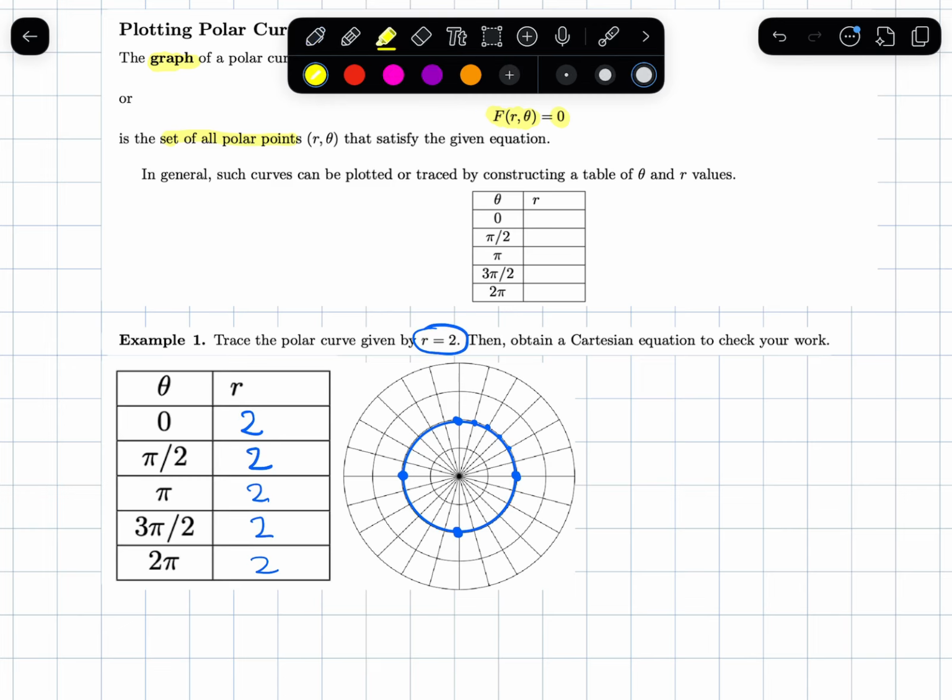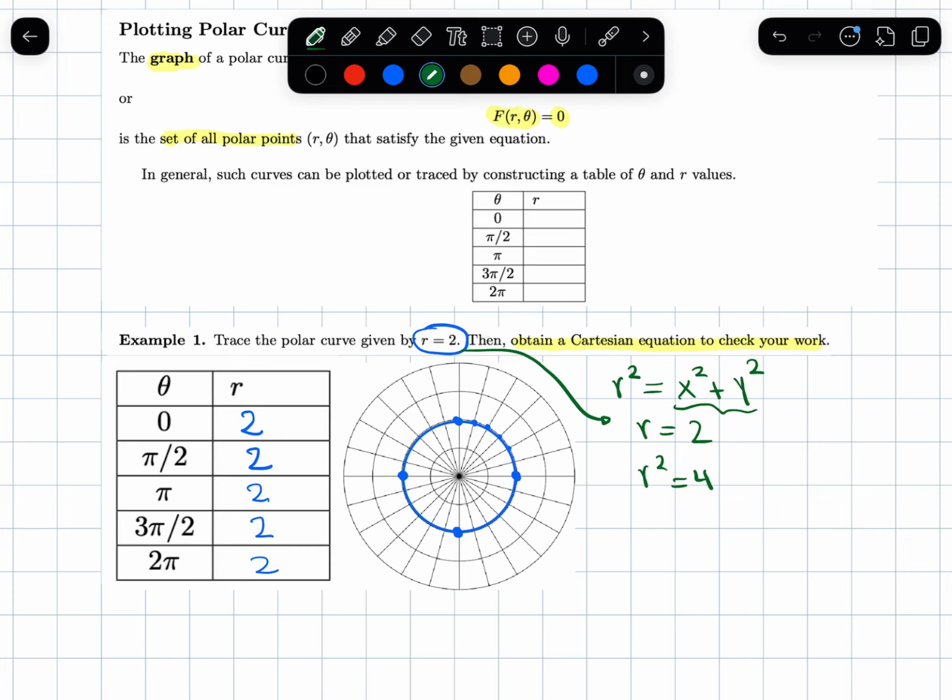But also look at what the problem says. Obtain a Cartesian equation to check your work, to see if this actually needs to be a circle. Remember, from polar coordinates, r squared is x squared plus y squared. So if I start from this equation, r equals 2, I can square both sides to say r squared equals 4.